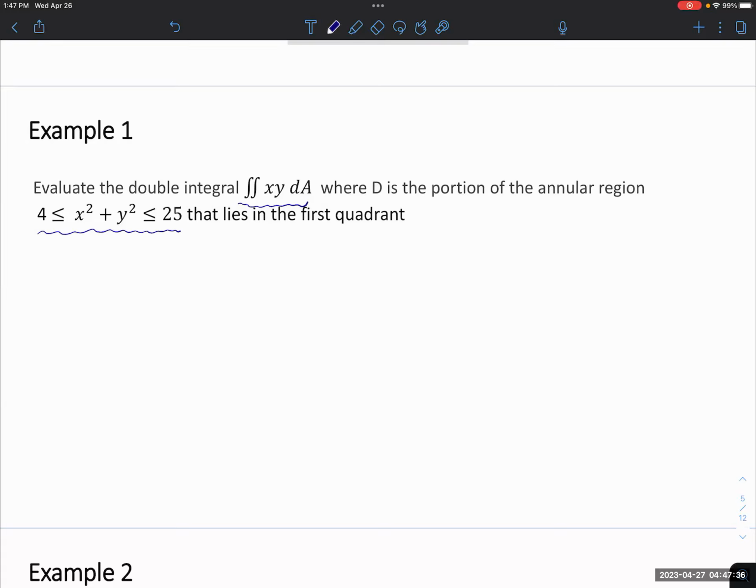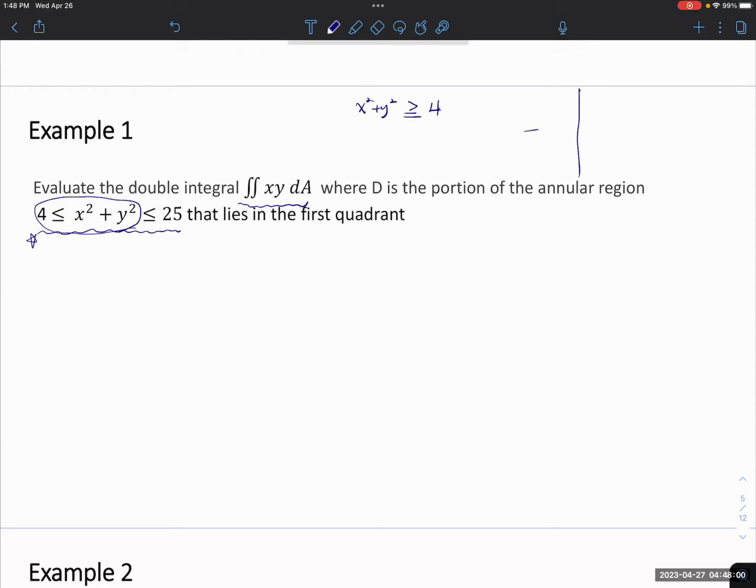If you remember from a long time ago, in pre-calculus, how to interpret this double inequality. You see one equation: x squared plus y squared, and then 4 here, and this is a greater than.